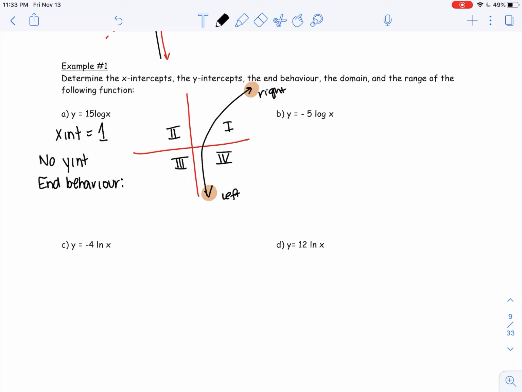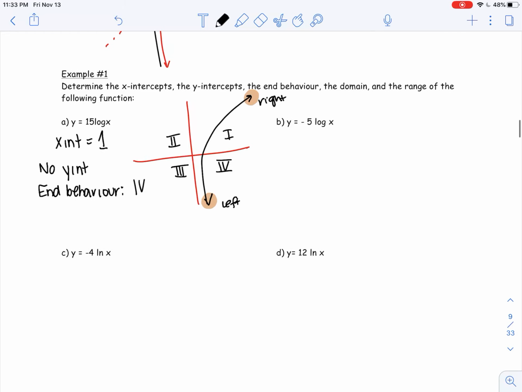Whatever is most left on the screen is the left end, and whatever is most right is the right end. So our left end is actually in quadrant number 4, and then it goes into quadrant number 1. So that's our end behavior. It starts in 4, ends in number 1. That's what you should always find if it's an increasing logarithm.